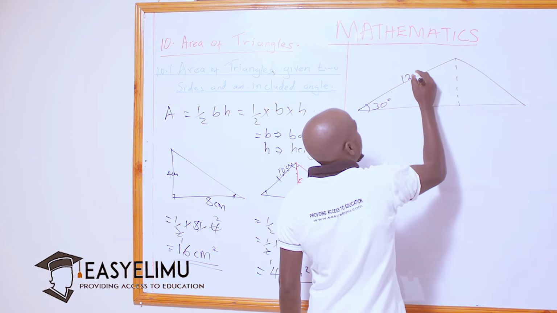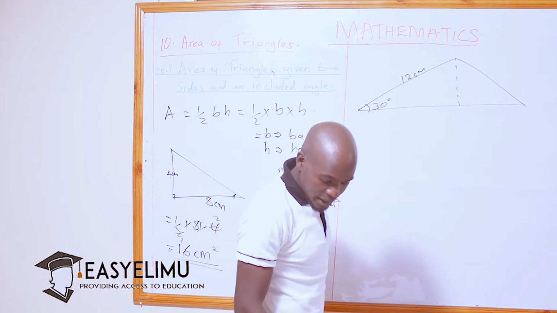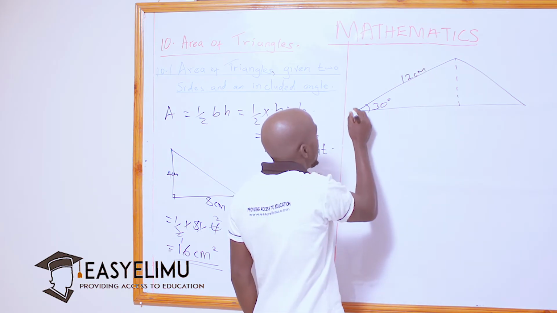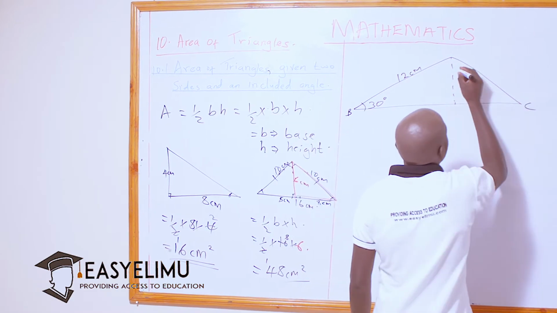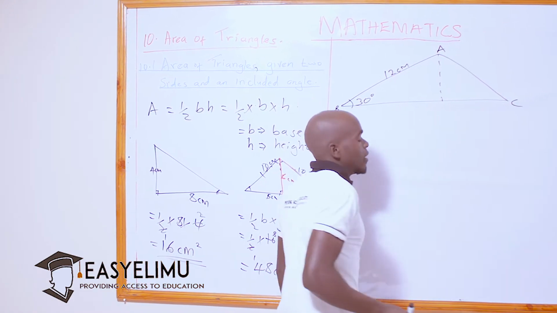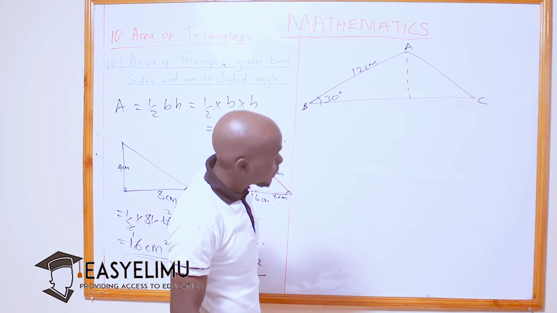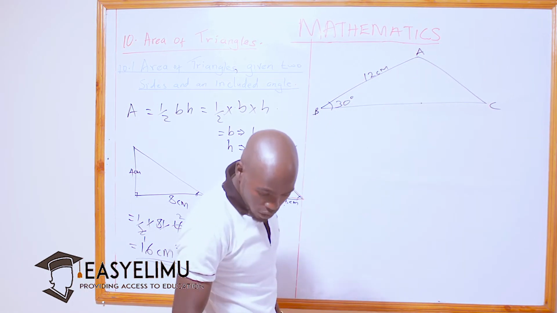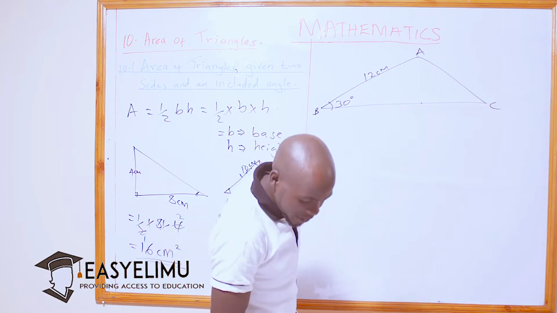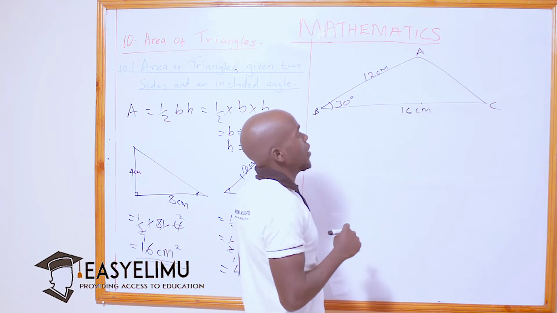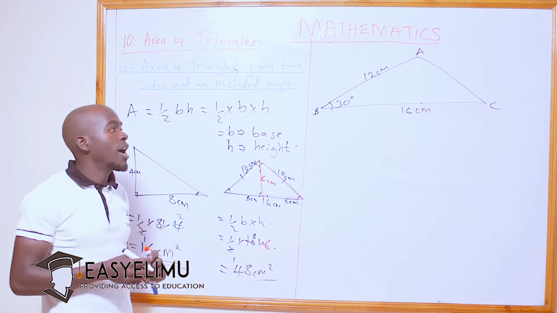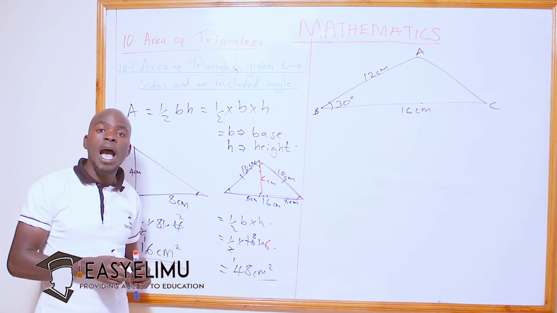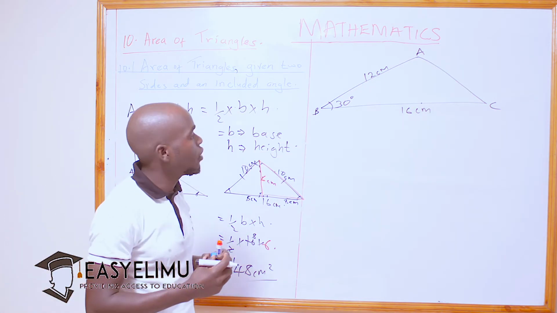This one here is 12 centimeters, and from B to C, and this is A, you have it as 16 centimeters, and that one is 12. So you are being issued with that triangle ABC, and you are being asked to find the area of that triangle.